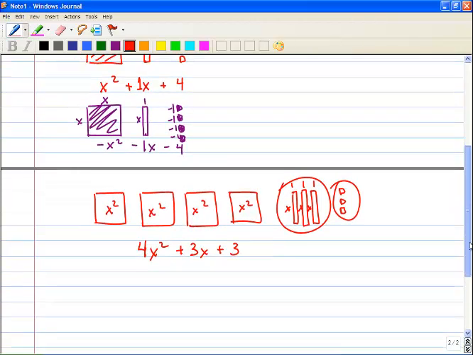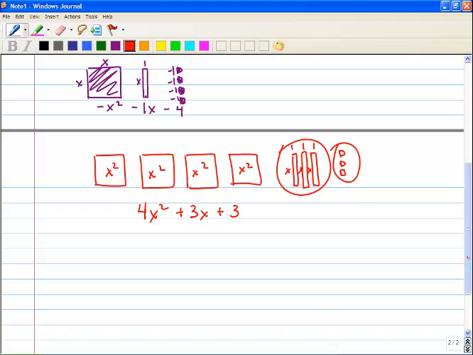Alright, let's try one with a negative in it. So we're going to get 1, 2, and then we've got some positives, 1, 2, 3, 4, and we've got some more negatives, 1, 2, 3.